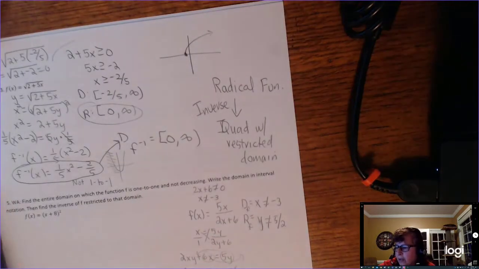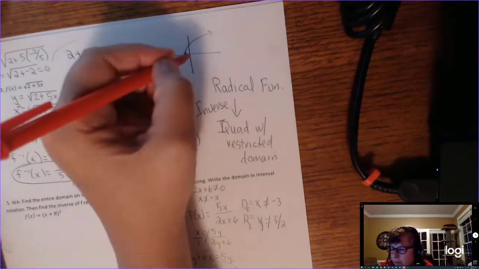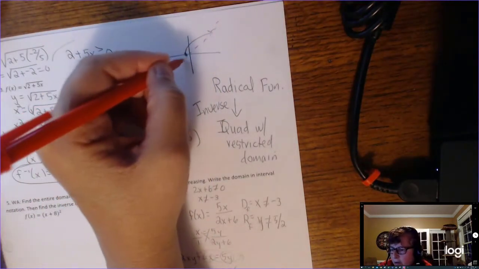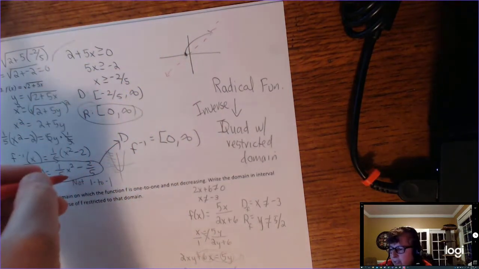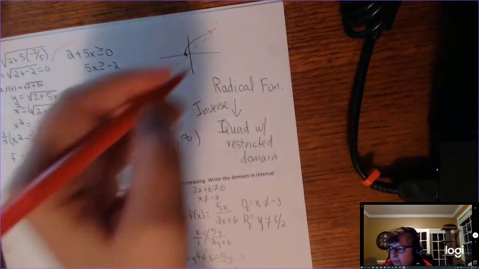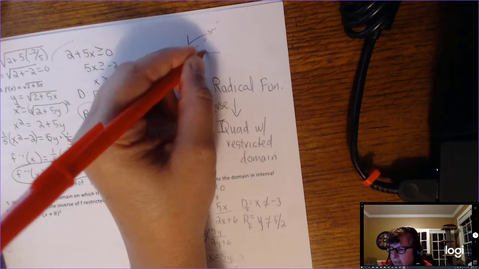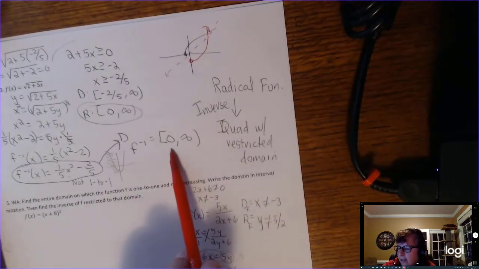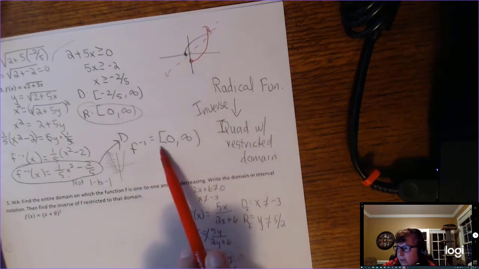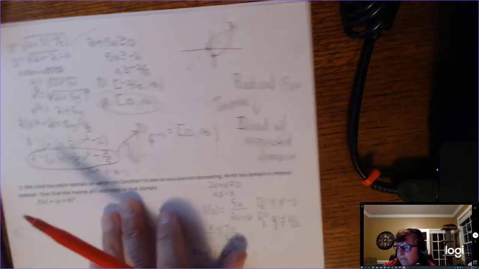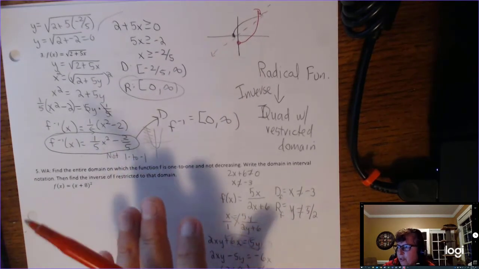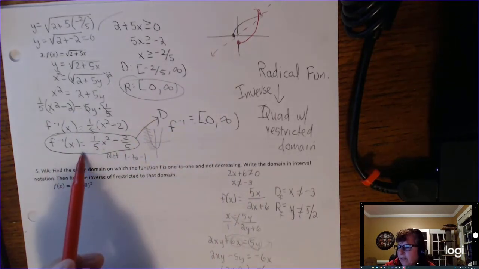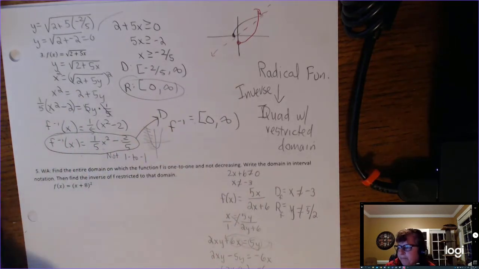Okay, so if I wanted to graph this, remember inverses are symmetrical about the line y equals x, and if I wanted to graph this, the inverse should make sense. It's going to be a half of a parabola with domain from 0 to infinity. So you have to restrict the domain of this inverse once you find it.